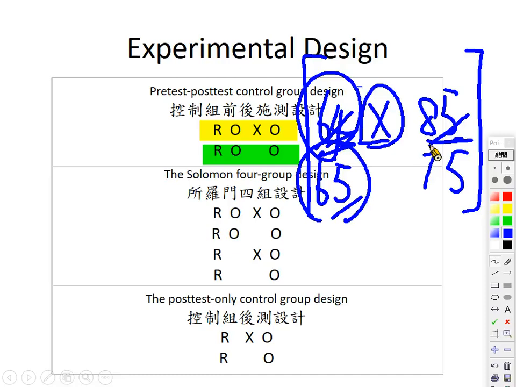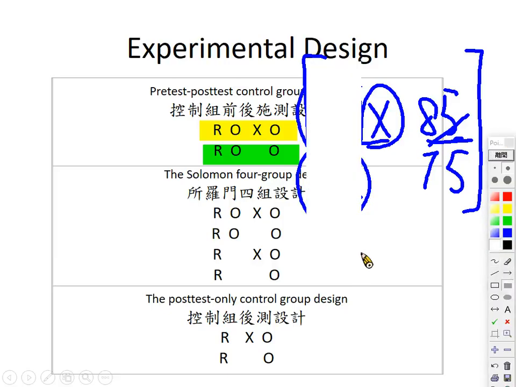Sometimes we want to get rid of this kind of test. So let's take away the pre-test. We don't want a pre-test. Can we do this? Yeah, because there is another kind of experimental design we call the post-test only control group design. See, we have a post-test and a control group only.